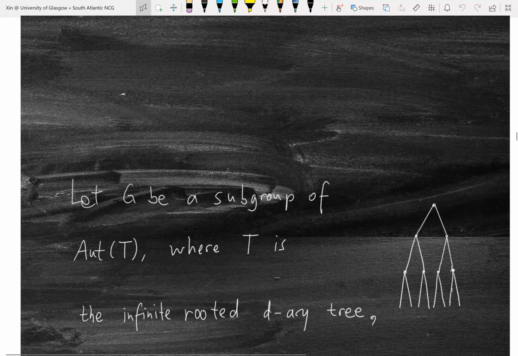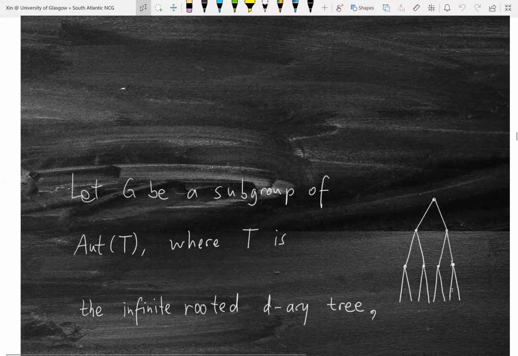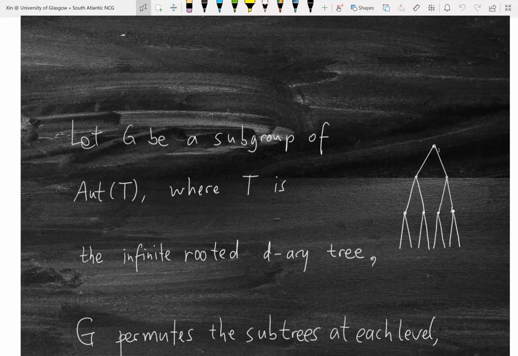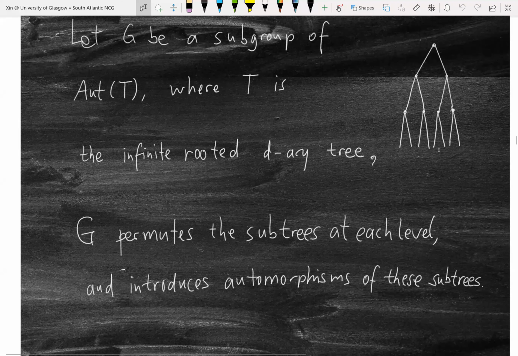Because you ask for root-preserving automorphisms, the group has to permute the subtrees at each given level. So this is the rigid situation that you have.